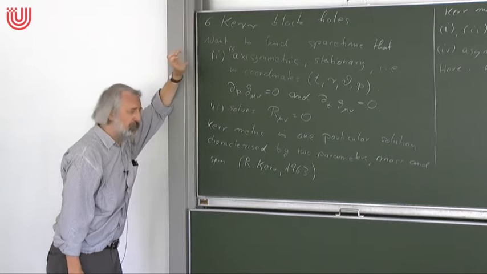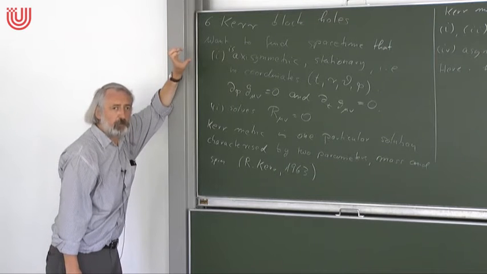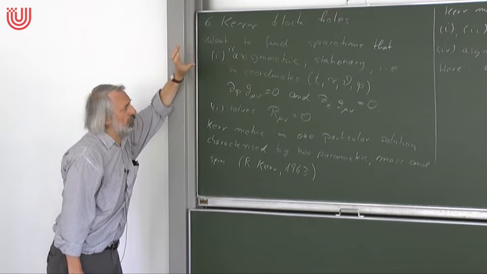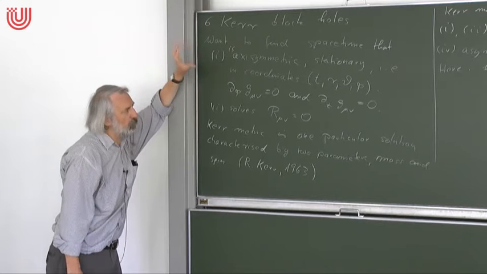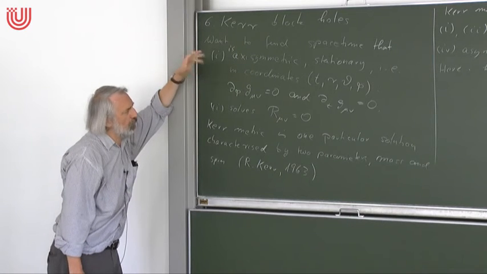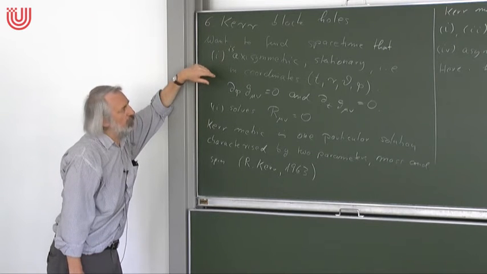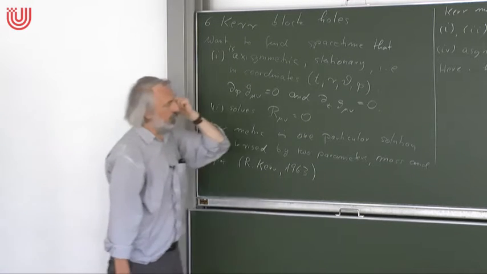I will try to modify it as little as possible. And I will discuss what are the minimal changes of the metric coefficients I have to make in order to get a non-trivial solution. And actually, the minimal change of this metric will lead to the Kerr metric if I plug it into the field equation.